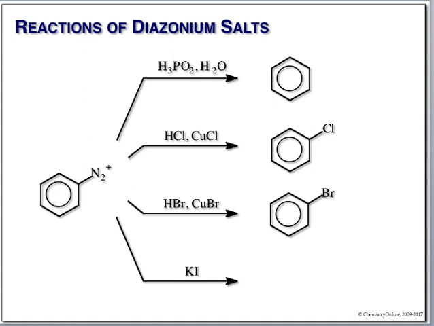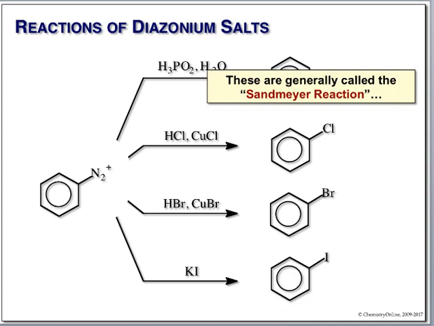This can displace it directly and give us the corresponding iodide. Iodide especially is hard to make, so this is a neat way to make it. Think about it, once you get these, you can convert them into Grignard reagents, and they do darn near anything with them. So the versatility is really phenomenal. Again, collectively, these are the Sandmeyer reactions. Sandmeyer was the guy.